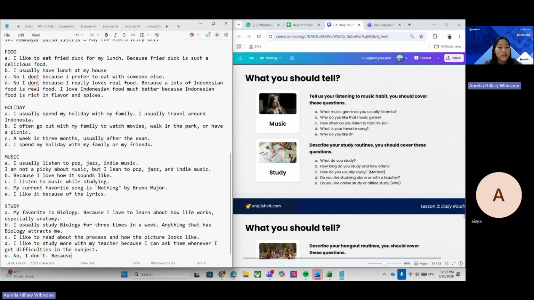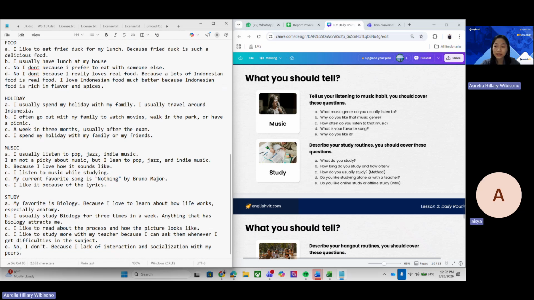Oh, okay. Because I lack interaction and socialization with my peers. Peers is the same person as your age, your friend. Peers means a person with the same age as you.